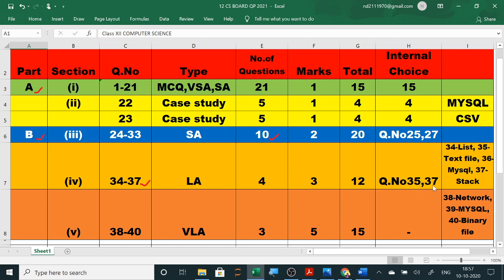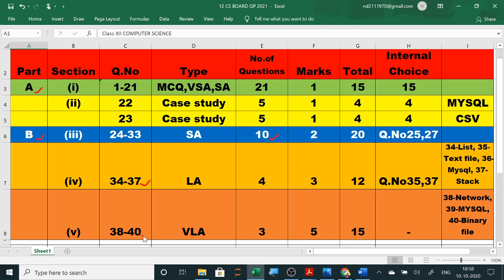Now 35 and 37 will have internal choice. Then 36 is MySQL and 37 is stack. Again in stack also a choice is there, in push or pop, or some of the choices being given.